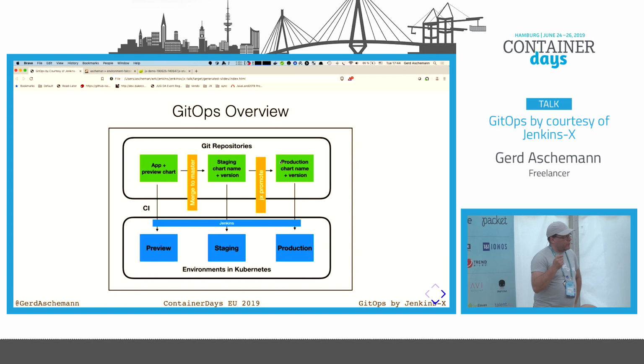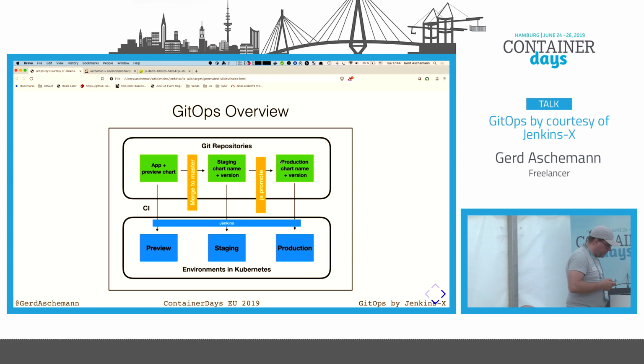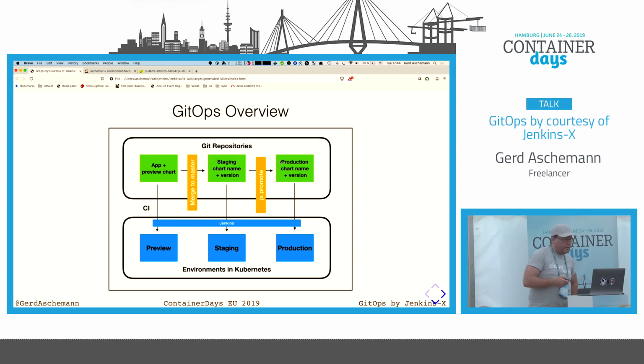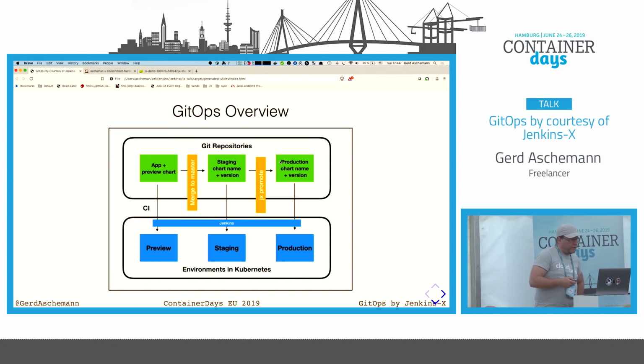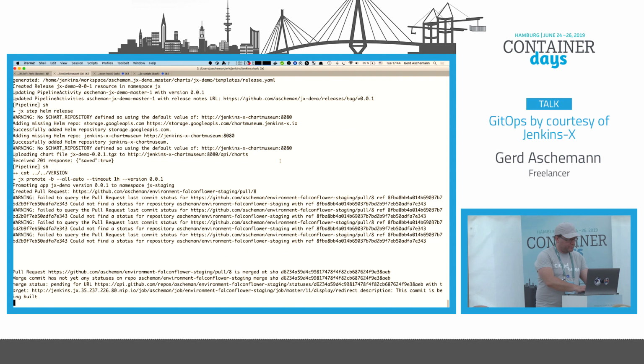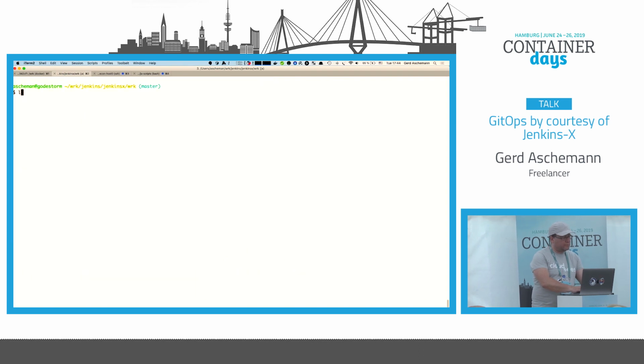And as soon as a new application comes into the scene, the Helm chart is changed by Jenkins X automatically, and the Helm chart is extended by a new dependency. So we can just look into it. It looks like this. It puts everything into a directory under my home directory.